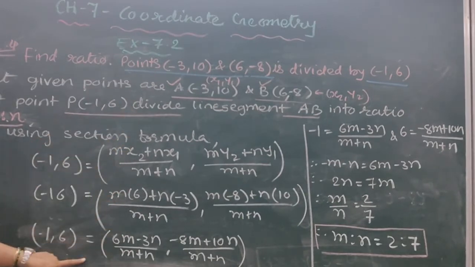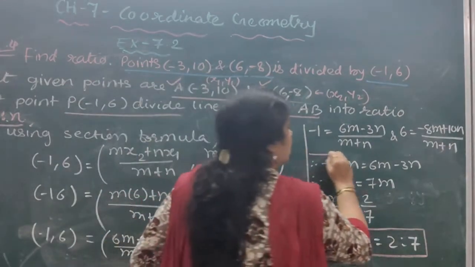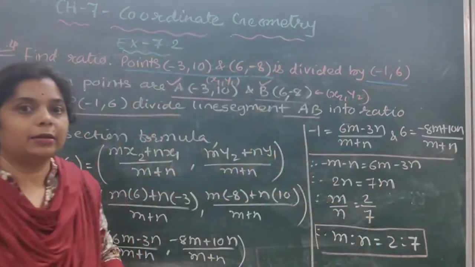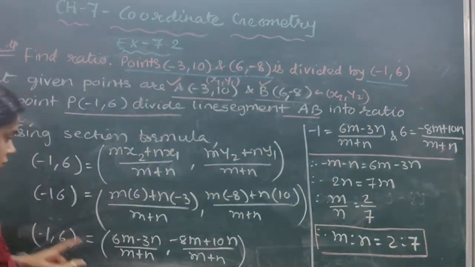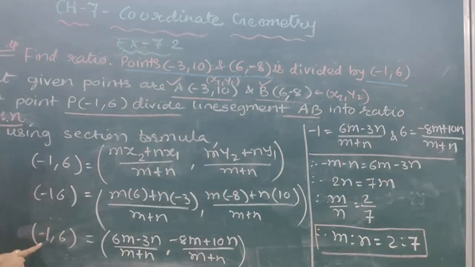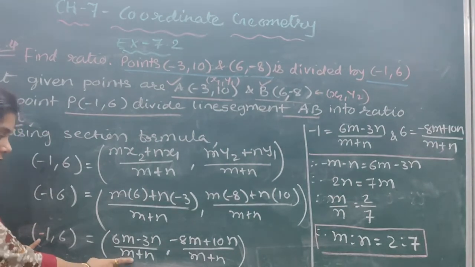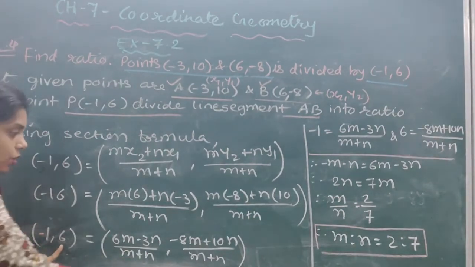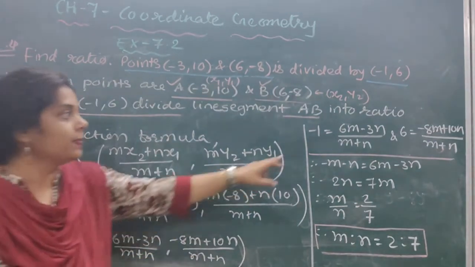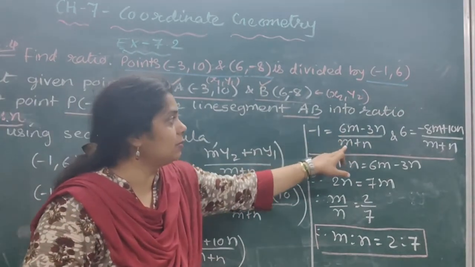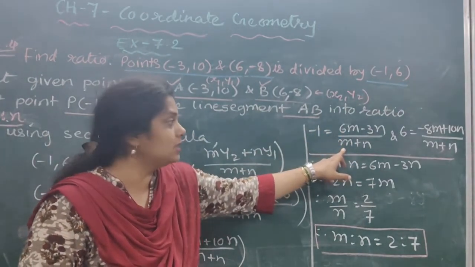Then finally I got this: minus 1, which is the x coordinate of the point which divides. I compare this x coordinate with the other x coordinate, and the y coordinate with the other y coordinate. So minus 1 is equal to (6n minus 3n) upon (m plus n).